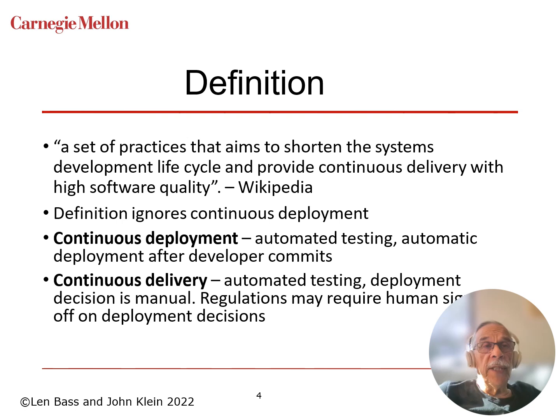A more formal definition of DevOps from Wikipedia is that it's a set of practices that aim to shorten the system development lifecycle and provide continuous delivery with high software quality. This definition ignores continuous deployment. There are two terms that are appropriate here. One is continuous deployment.